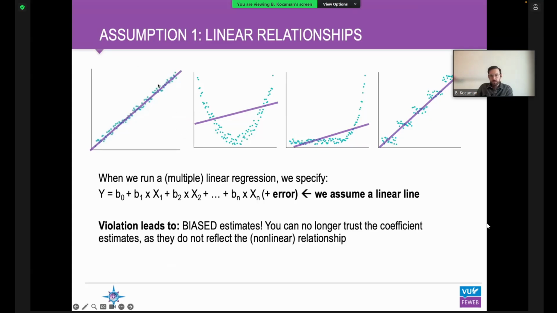So for instance, if you have a violation of linearity, in this case a quadratic relationship, and you assume a linear relationship, this leads to biased estimates, meaning that you are no longer representing the relationship that you want to represent. We know that this regression line is our prediction line as well, right? So if you are going from this value of the independent variable to this value, in real life the true relationship is that this needs to decrease.